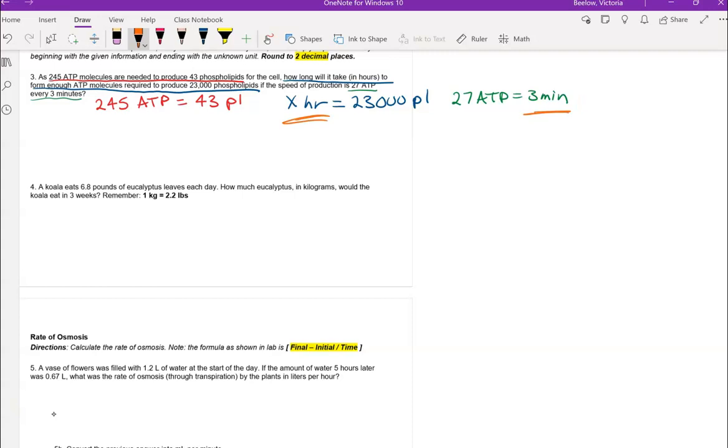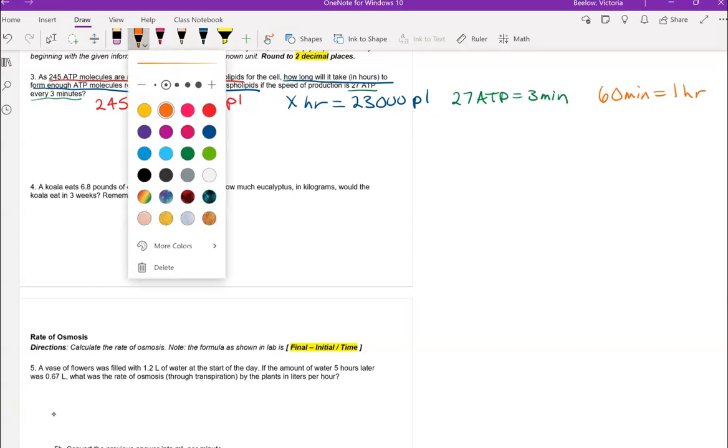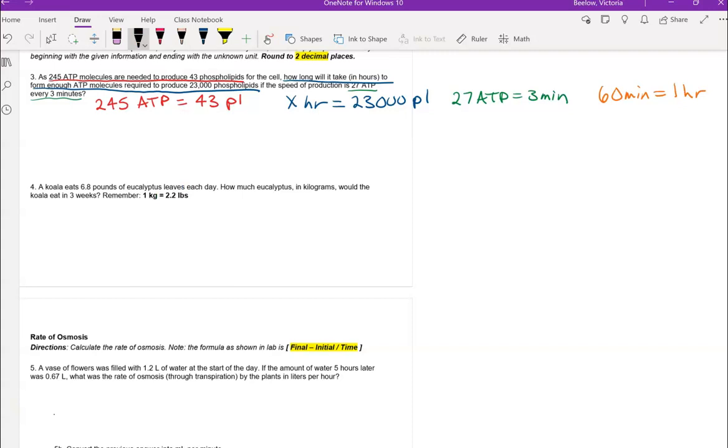I see hours and minutes, so make sure you pay attention if you see hours and minutes in a problem. And this is something that you would intuitively know. So I know to make hours and minutes equal, I know 60 minutes is equal to 1 hour. And that's something I would just know.